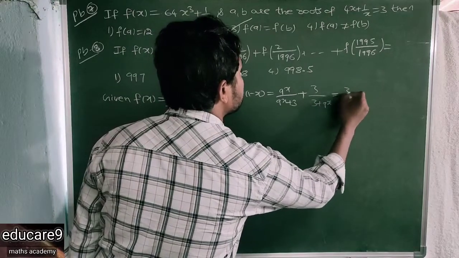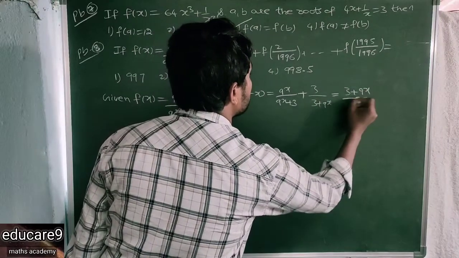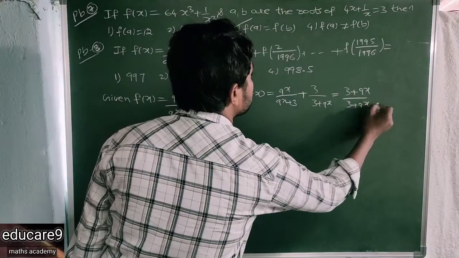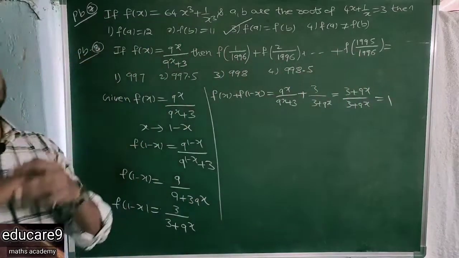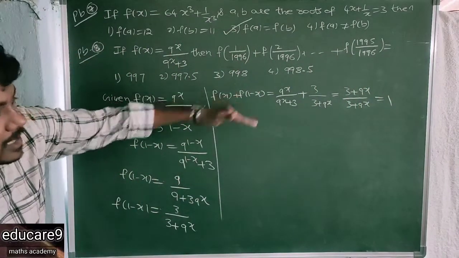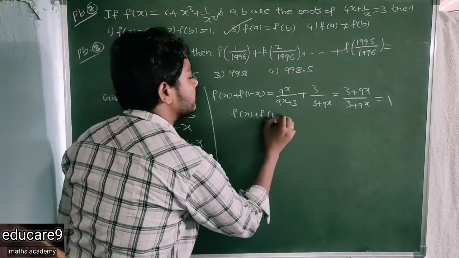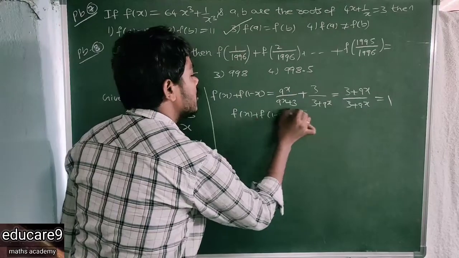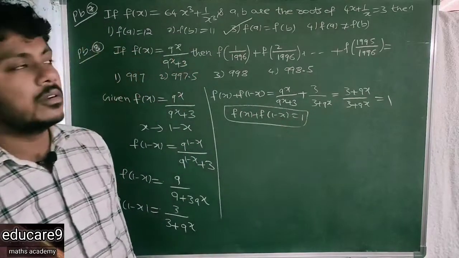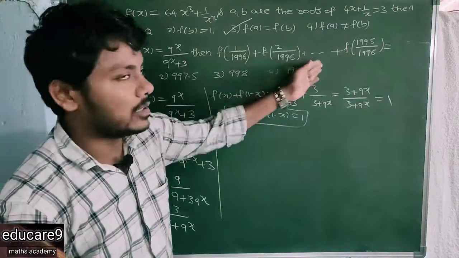So clearly this is 3 plus 9 power x by 3 plus 9 power x. So what do you get? 1. Therefore f of x plus f of 1 minus x value is 1. So using this condition, you can find this value.